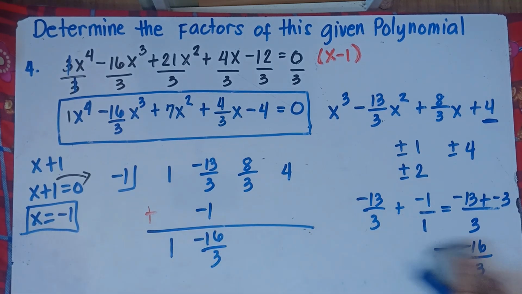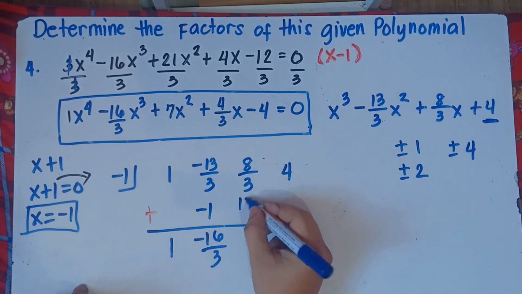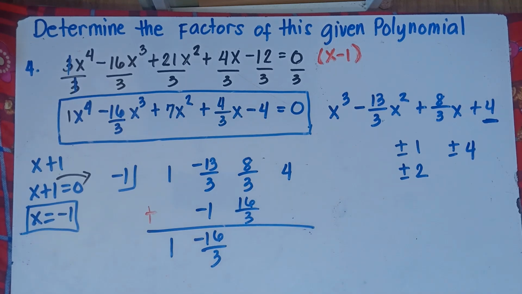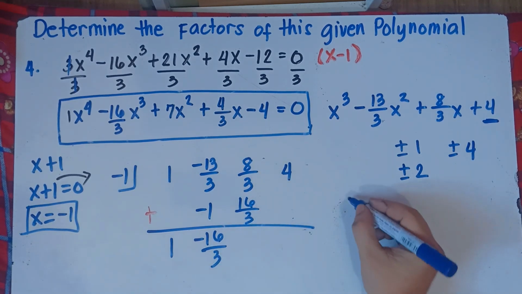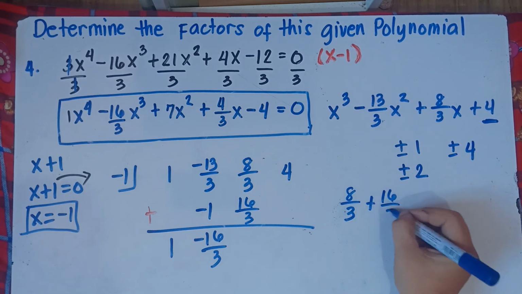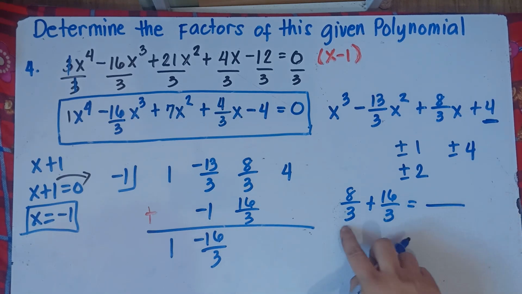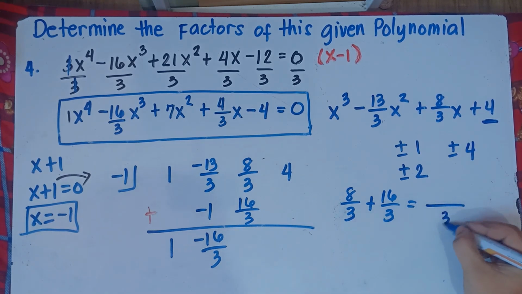Alright, and then you multiply. So negative 1 times negative 16 over 3, that's positive 16 over 3. Then you combine 8 over 3 plus 16 over 3. Same denominator, so simply copy the denominator of 3.